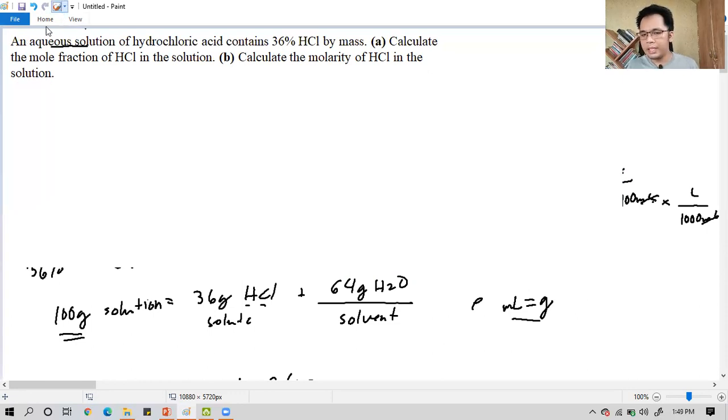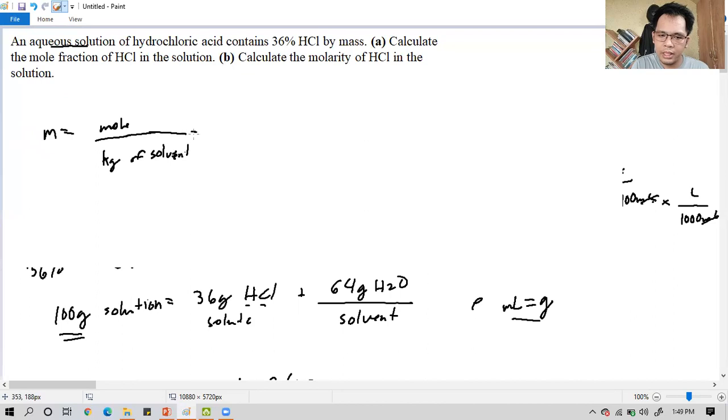Okay, for the molality, so it is actually molality. Okay. Molality is just moles solute all over kilogram of solvent.